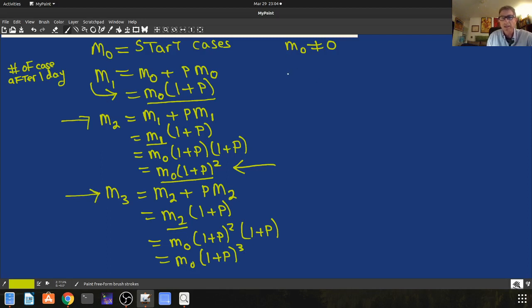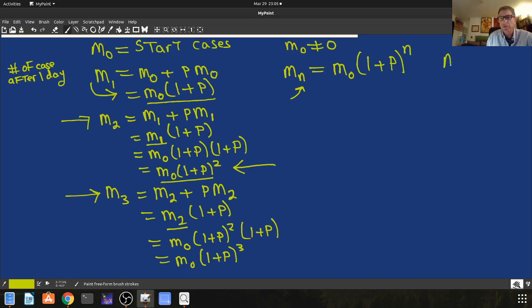So that leads us to the following pattern, which if we were in another math class, we could prove by induction that this pattern actually holds. So the number of cases at the end of n days is the number of start cases times 1 plus p to the nth power.